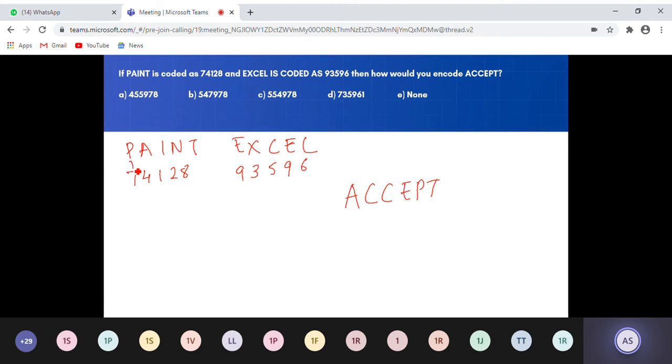Basically, there's a number that's given to each of the letters. So accept will be what? A will be 4, C will be 5, E will be 9, P will be 7, and T will be 8. 455978. Answer option A.